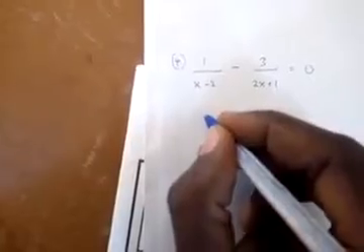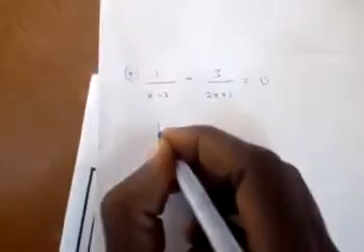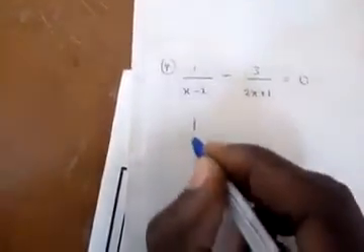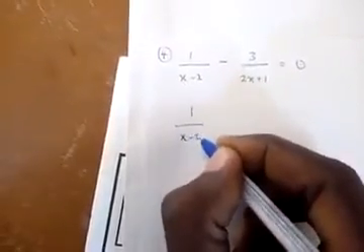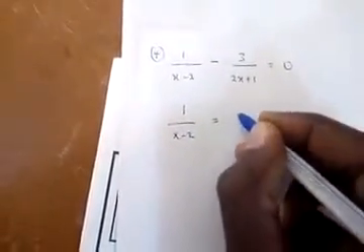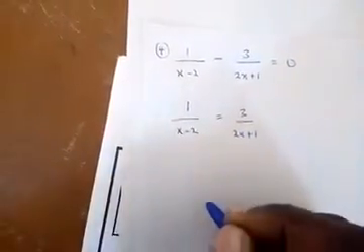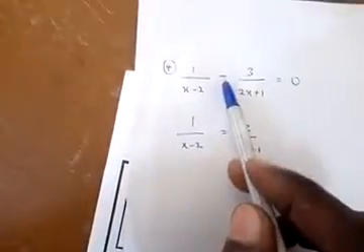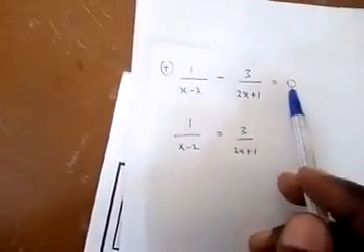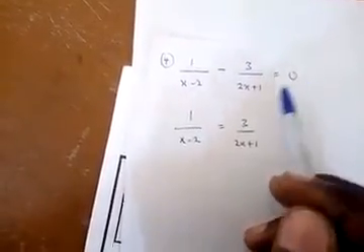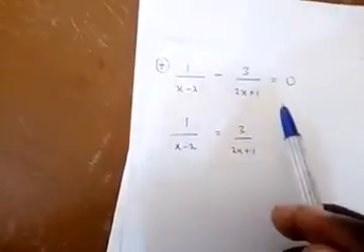So I can write this as 1 over x minus 2 is equals to 3 over 2x plus 1. Yes, they are the same thing. I just carry this guy, bring it to the right hand side, because 0 plus anything remains the same.